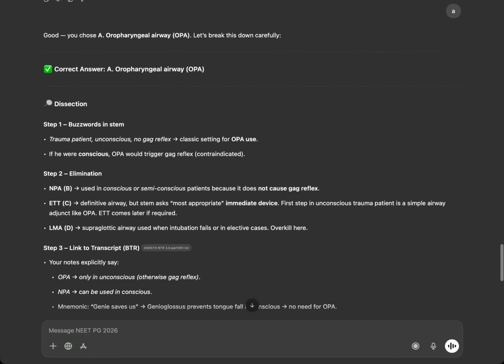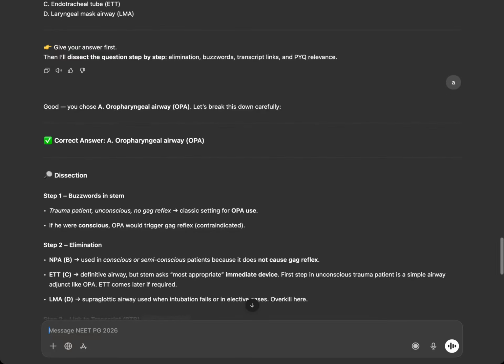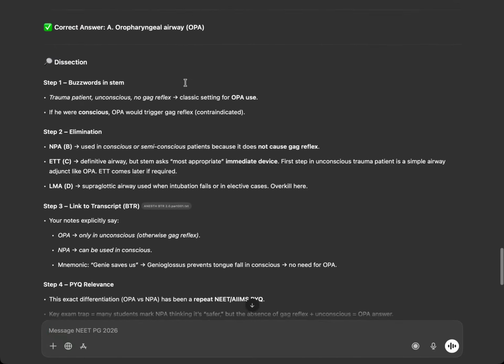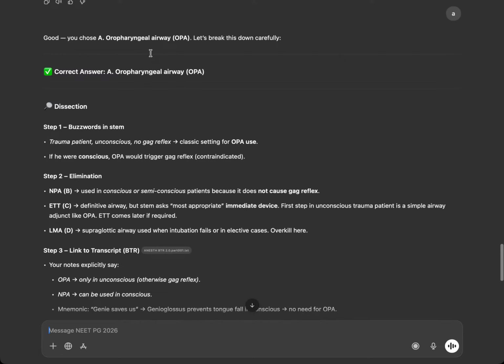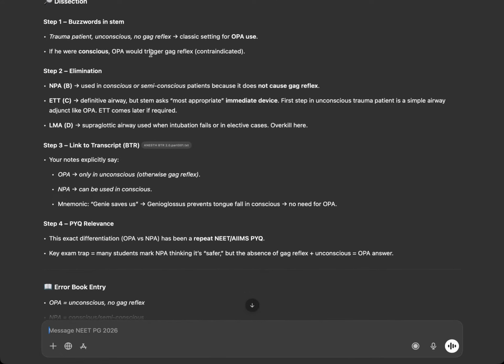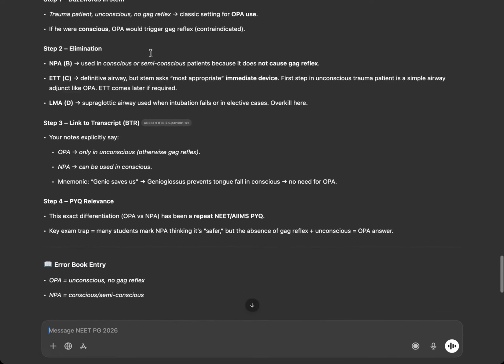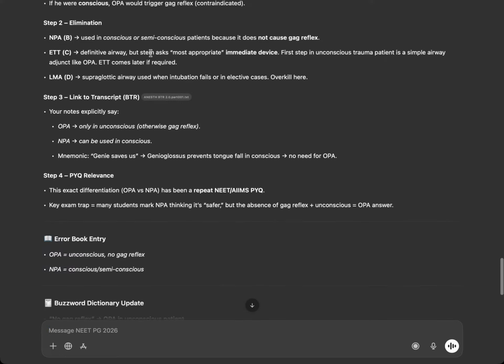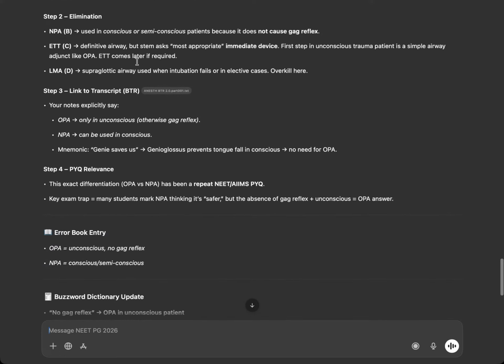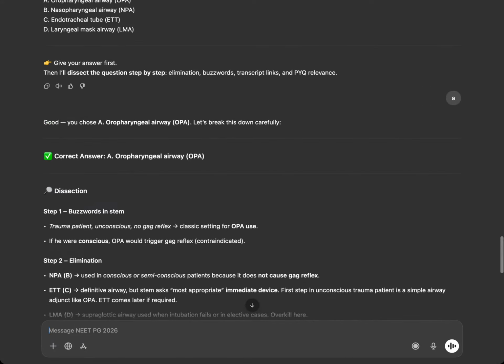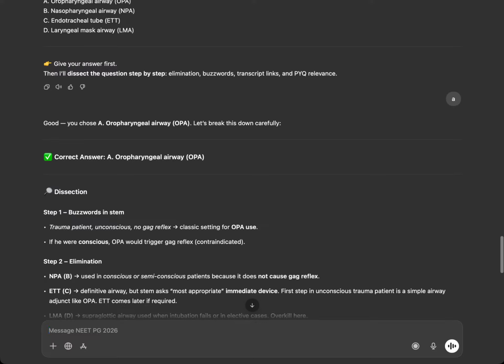This is the best use because nasopharyngeal airway is better, but in conscious patients it causes gag reflex, so we can't use it. NPA does not cause gag reflex, so it is suitable for conscious people. ET tube, definitive airway, but the stem asks for the most appropriate immediate device. Did it ask? Not sure.